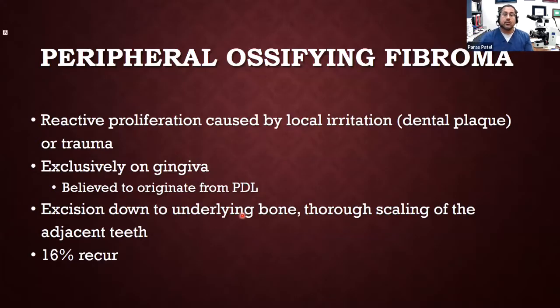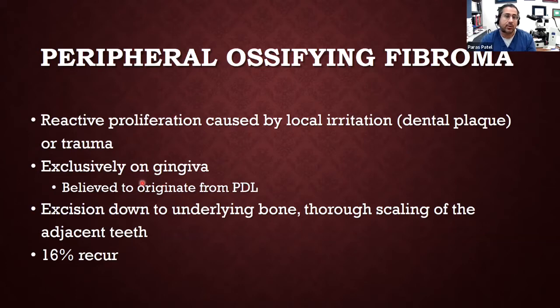Peripheral ossifying fibroma. I know we've had a lot of peripheral stuff in here, but this is a common gingival bump, and it's reactive in nature. And again, this one is also limited to the gingiva, like peripheral giant cell granuloma. It's a reactive proliferation caused by local irritation, typically dental plaque or trauma, exclusively on the gingiva in the areas where we have dentition.